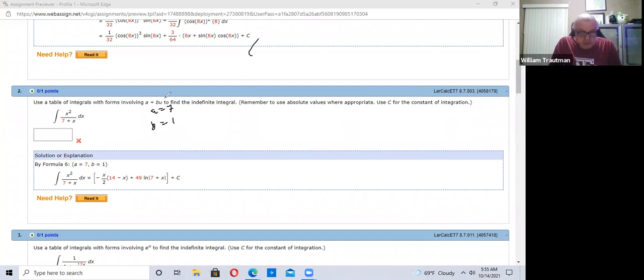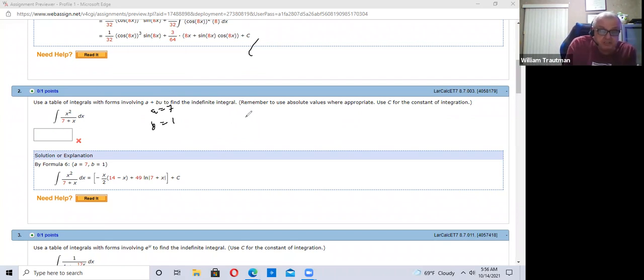Now they give us a clue, but look at it, it's x squared divided by 7 over x. And it's formula 6.